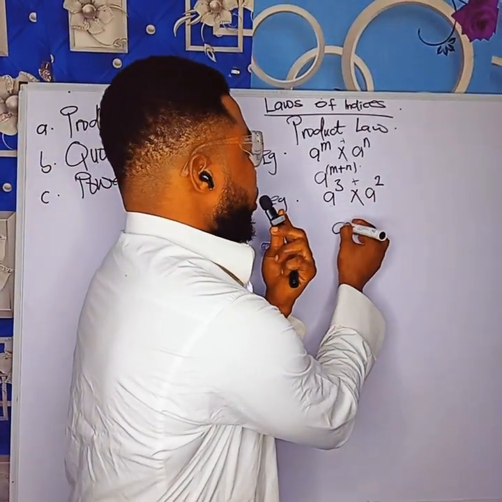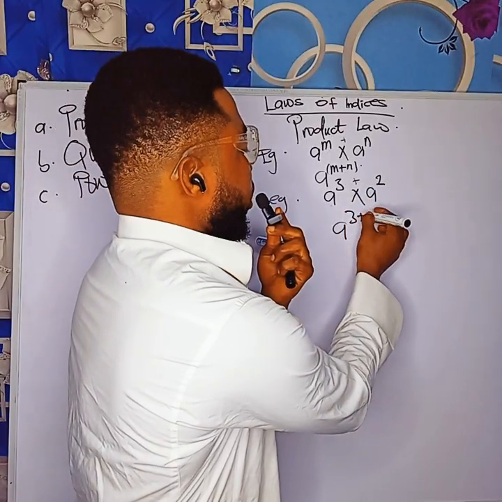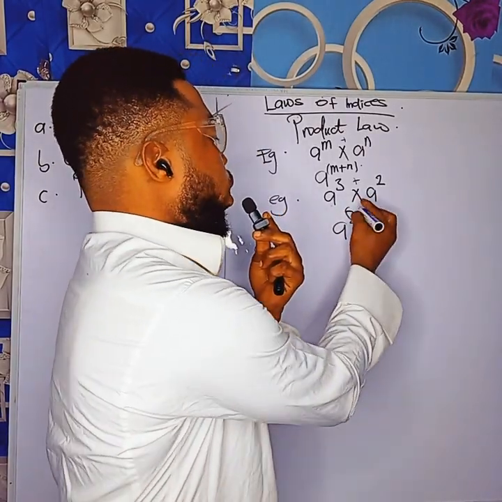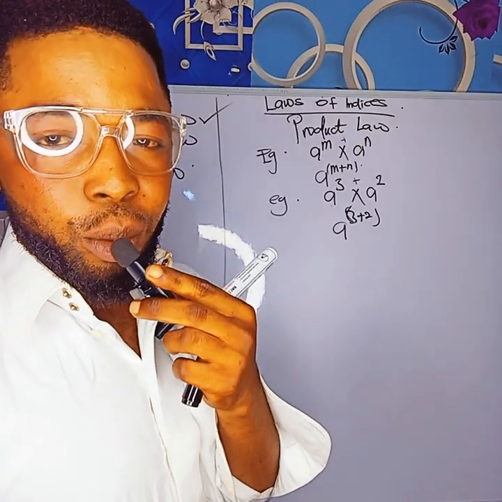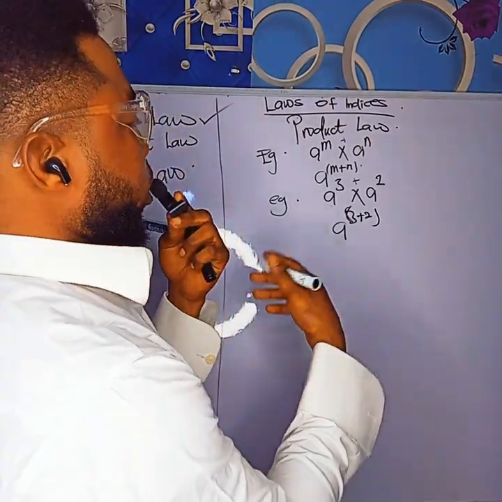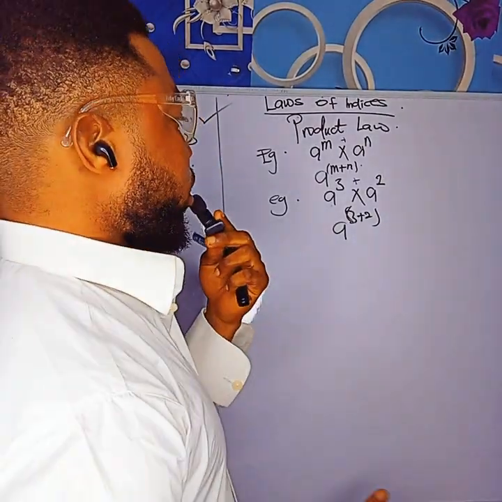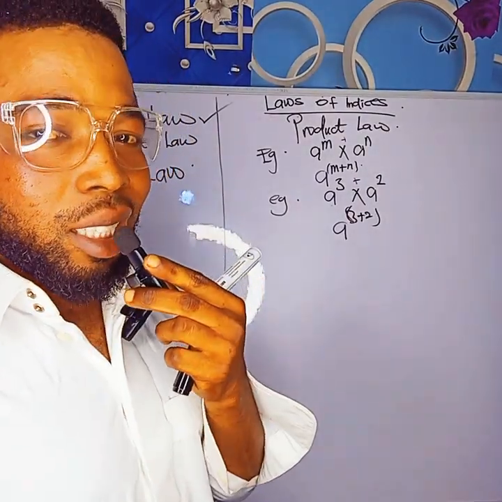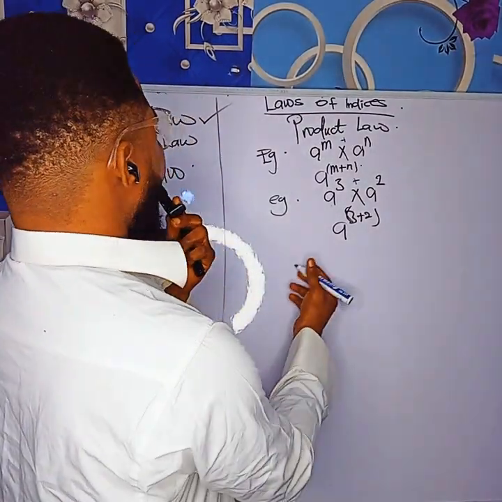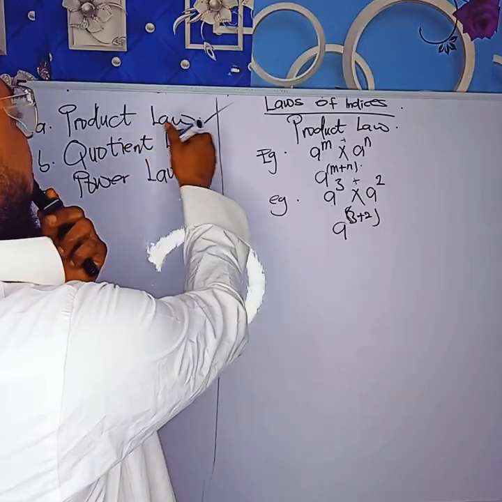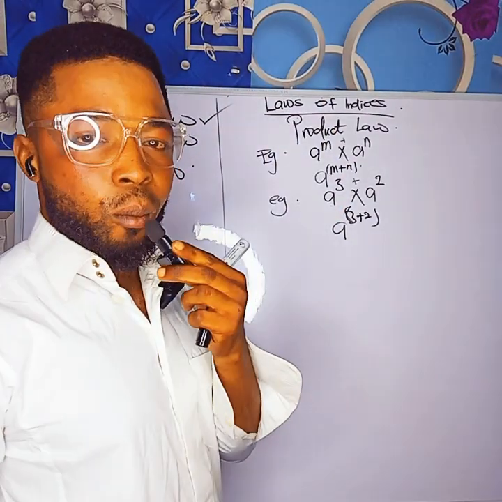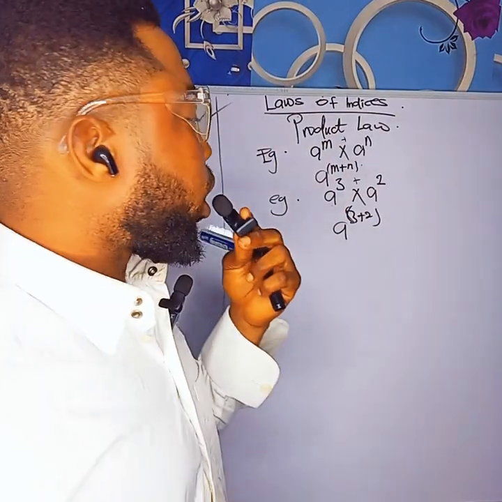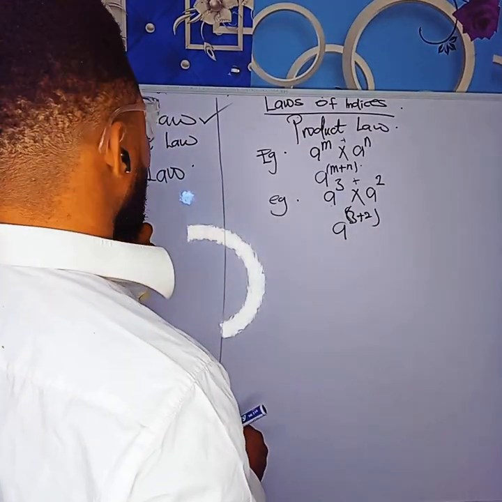So you take one of the base, then you add the powers, or exponents, or indices. One is index but two is indices. So we are done with the product law. Any question? Okay, let's go to the second law.